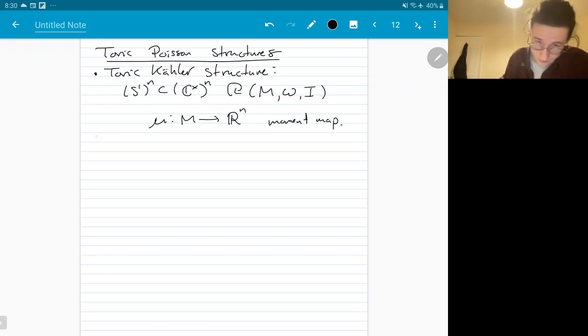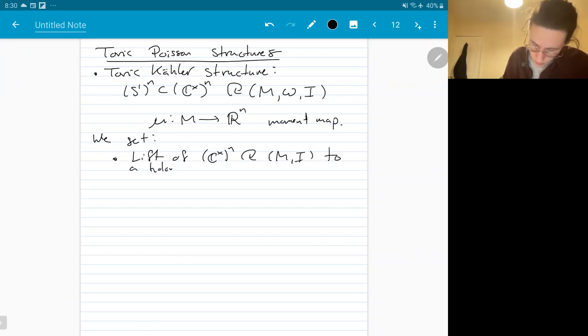First of all, just from the fact that we have the (C star)^n action on the complex manifold, we get a lift to a holomorphic Hamiltonian action of (C star)^n on the holomorphic cotangent bundle, which has a moment map.